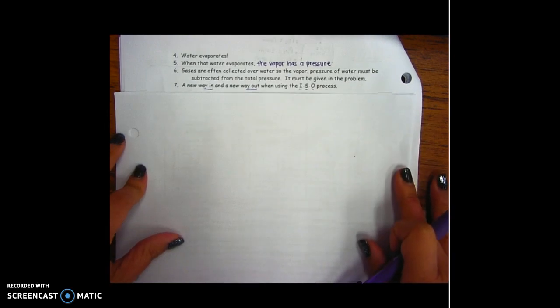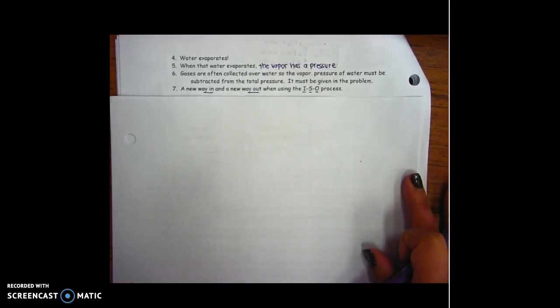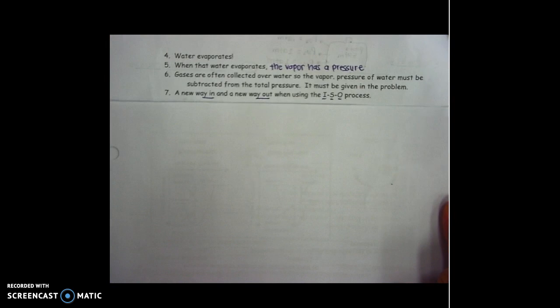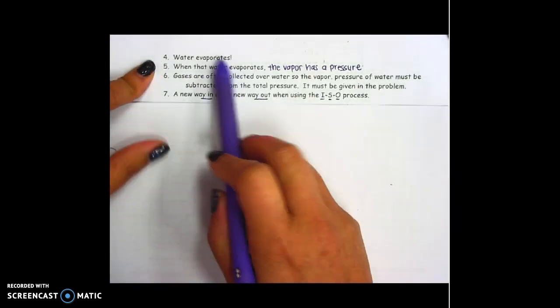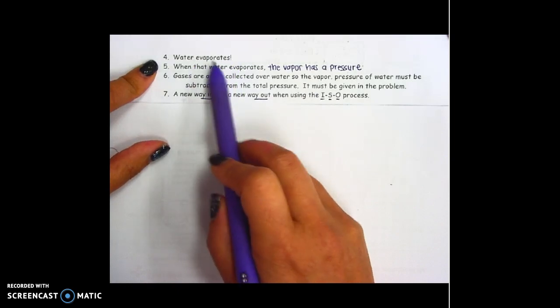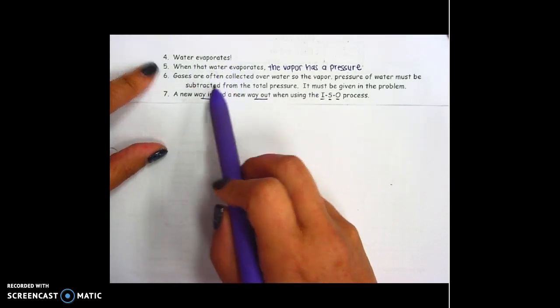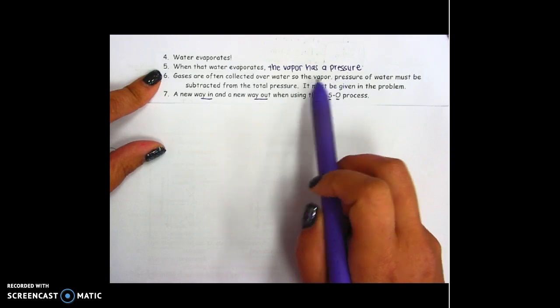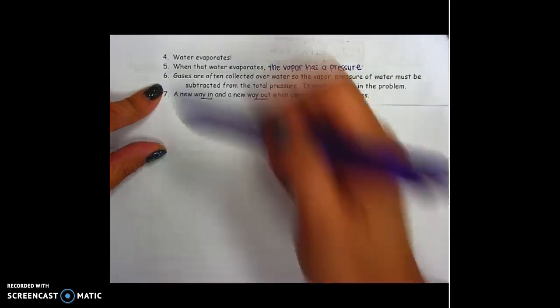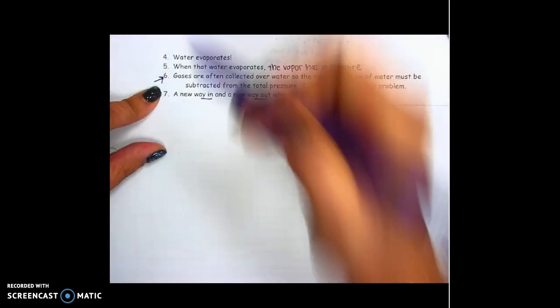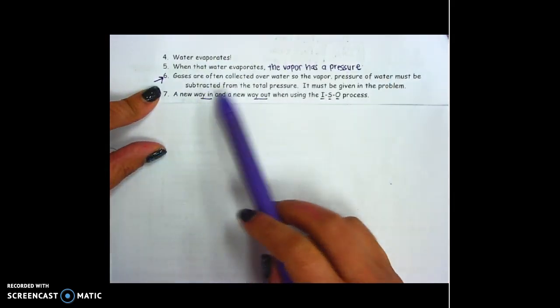I think there was a question on the Dalton's law worksheet that mentioned this. Whenever you have a chemical reaction and there's water in that reaction, some of the water could actually evaporate. And when the water evaporates, the water actually has its own pressure. You only need to make use of this part if they mention it in the problem.